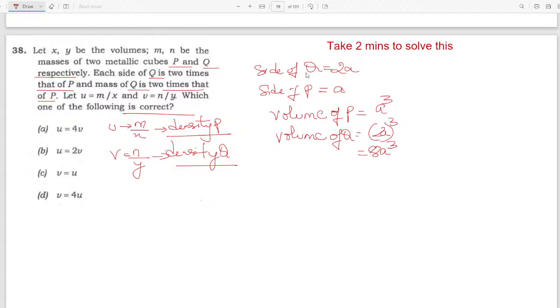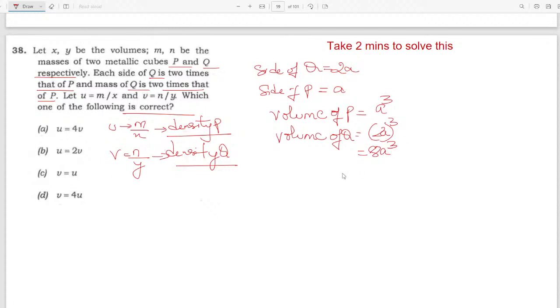So if we assume the side of cube P is A, then according to the statement, each side of Q is 2 times that of P. So the side of Q would be 2 into A. The volume of a cube is side to the power of 3, so the volume of P is A cube, and the volume of Q is 2A to the power of 3, which is 8A cube.